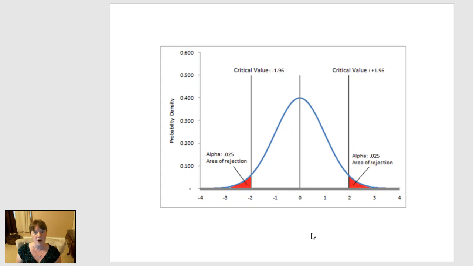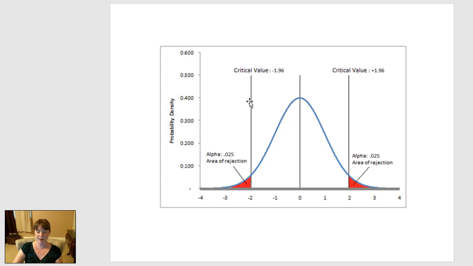And now we have standardized critical values, which means for any research question where you can do a z-test, you standardize that x bar: take x bar, subtract mu, divide by standard error. Your critical values, if you're doing a two-tailed test and your alpha is 0.05, are always going to be plus and minus 1.96. So if you calculate a z above 1.96, reject the null, because that's saying that your z statistic is in the area of rejection.